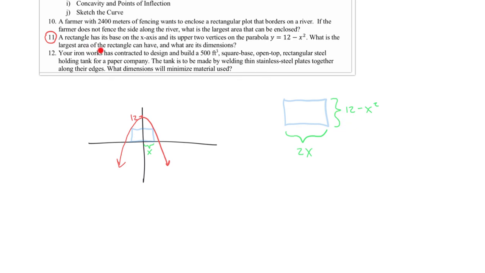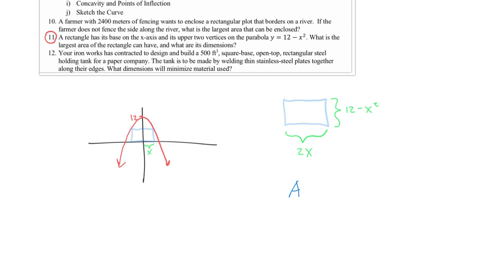So we want to know what the largest area of the rectangle could be. I think that's what they mean. And what are its dimensions? Well, the good news is since we constructed it this way, we could go ahead and follow through with finding the derivative of the area function.